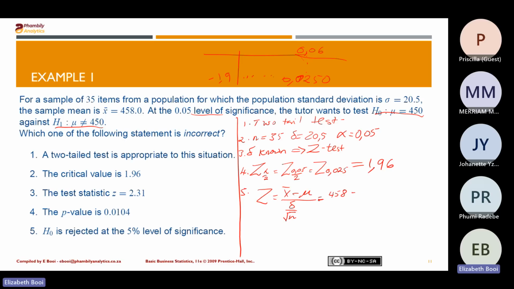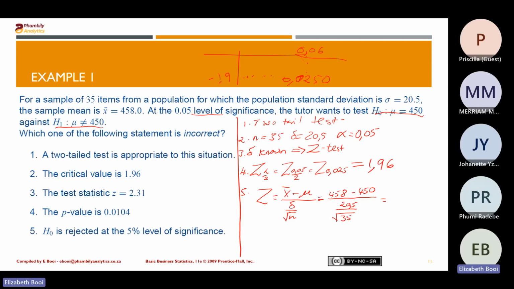My population mean is given in the statement because in the null hypothesis, we use the population parameter. So it's 450 divided by my standard deviation of 20.5 divided by my square root of n, which is 35.